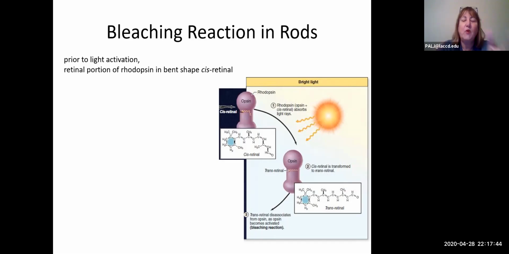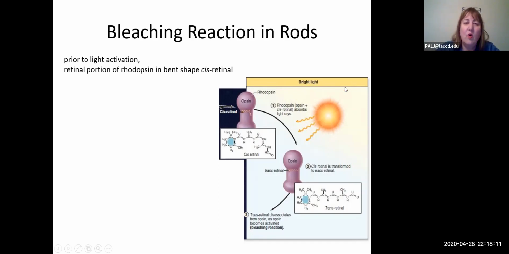Before you turn the lights on, like when you're looking far away in dim light, the rhodopsin is in this shape up there at 12 o'clock called cis-retinol.